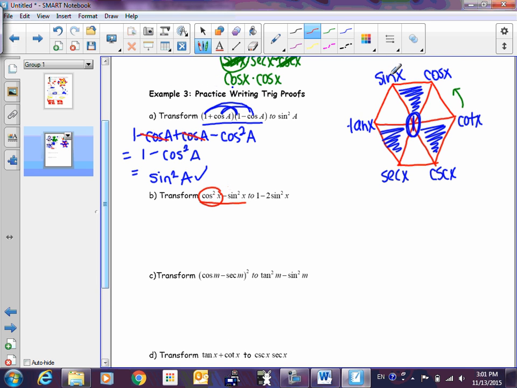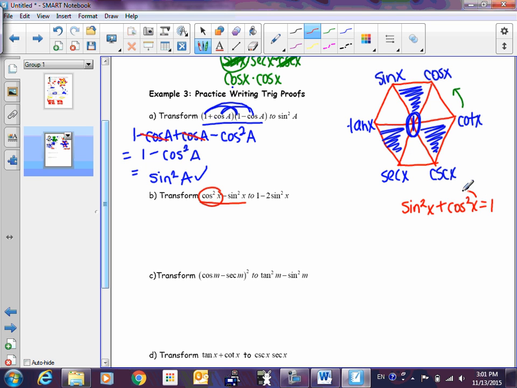Okay, now remember, sine squared x plus cosine squared x equals 1. So what does just cosine squared x equal? 1 minus sine squared. Maybe for now, let's go ahead and write this identity down here and let's talk this out one more time. So that's the main Pythagorean identity.